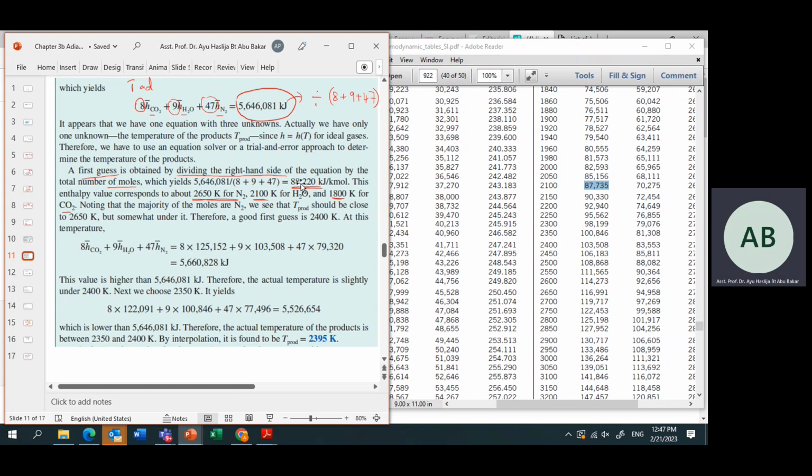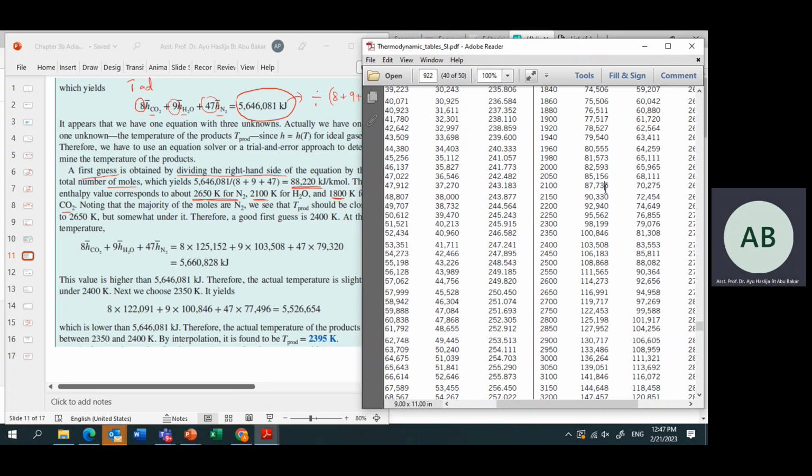Let's say for H2O, you find this figure in the table for H2O, and it falls under what temperature? In this case, it is in between 2100 and 2150. So they peak at this temperature that appears closer to this enthalpy.